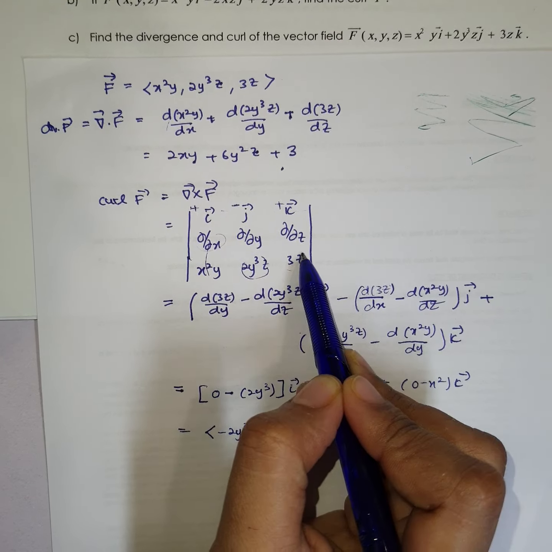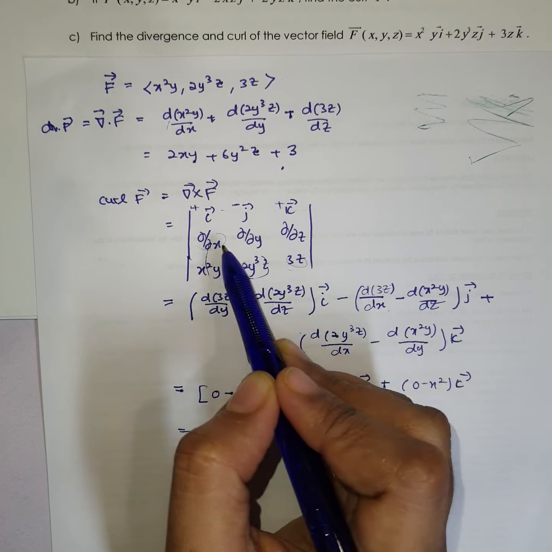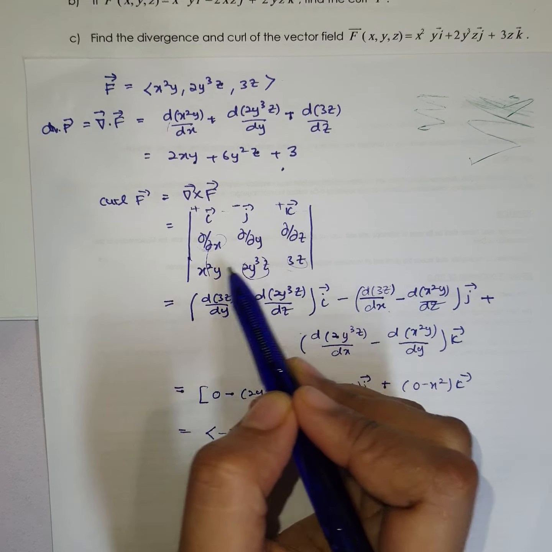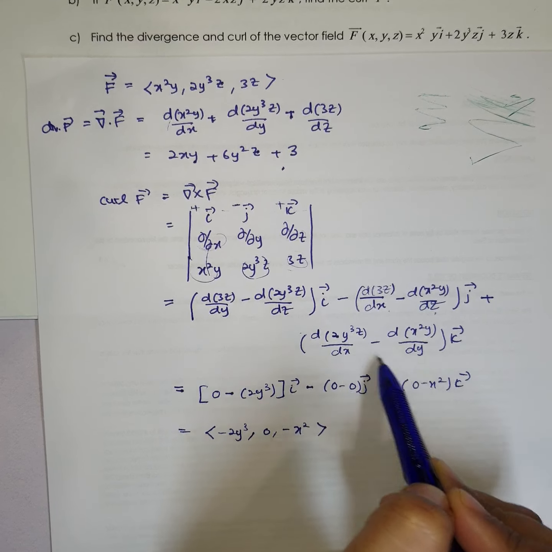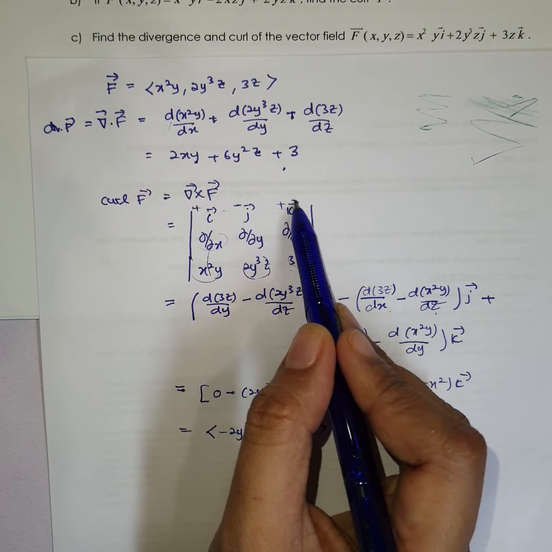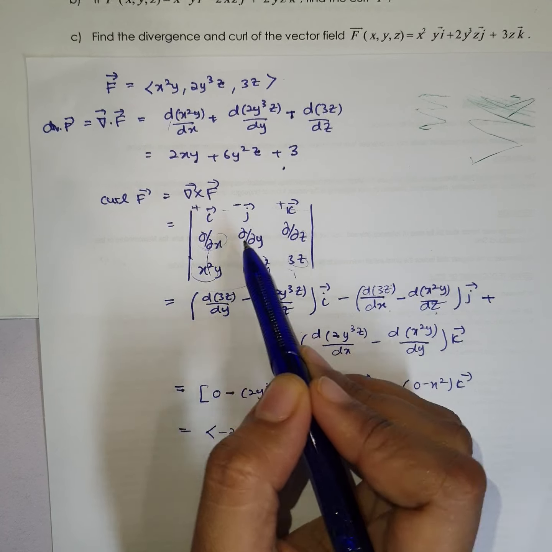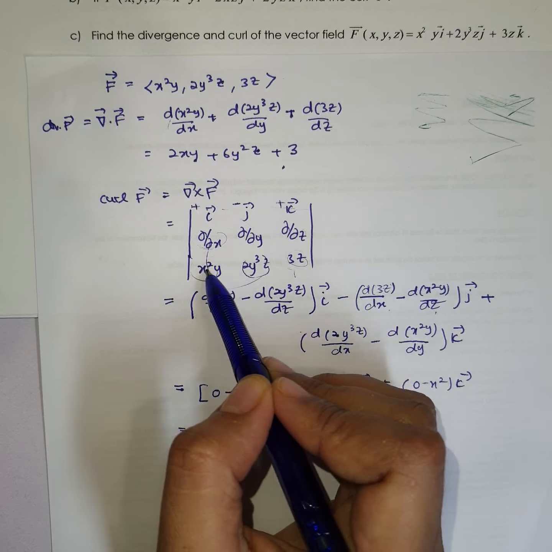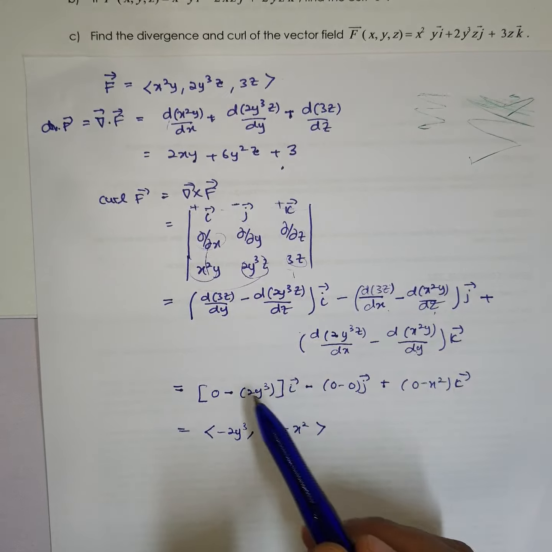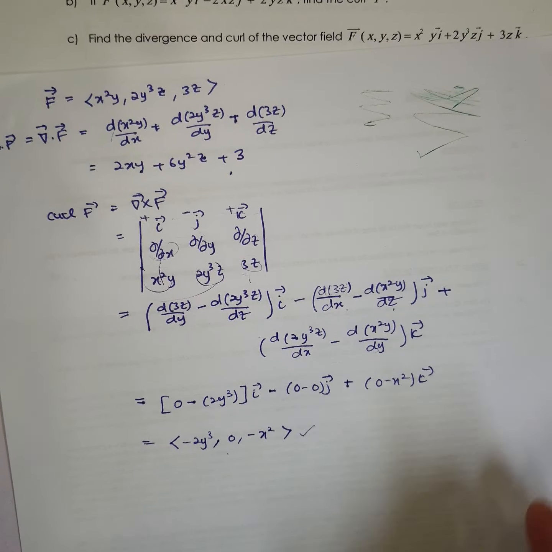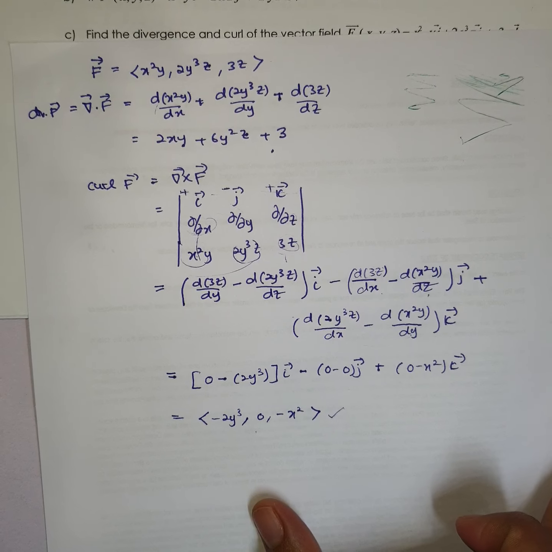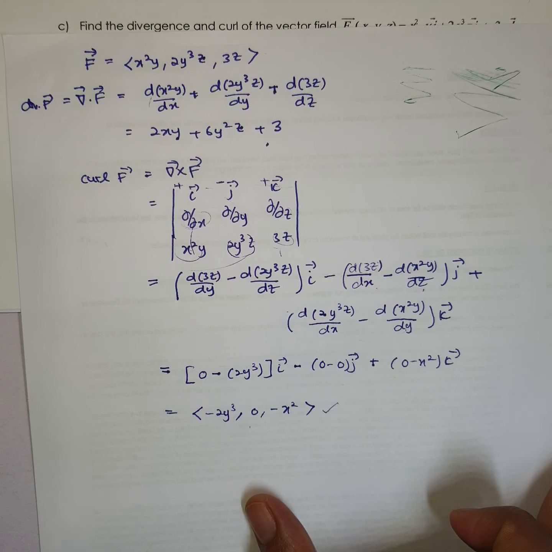So del 3z derived terhadap x and then x square y derived terhadap z. Sama juga yang ini, komponen K, matikan the first row and the last column. So, kita ada kotak ni. Ini kali ini, tolak dengan ini kali ini. So, you'll get this. So, bila dah derive, in the end, you will have this is your curl. Okay, so that's question C.